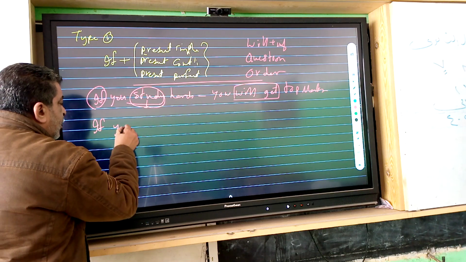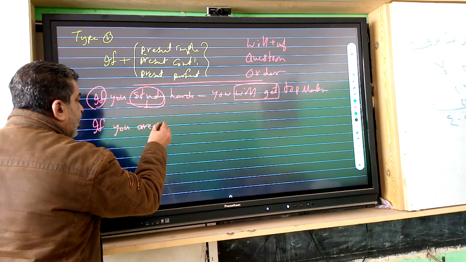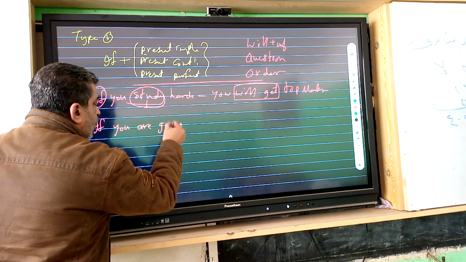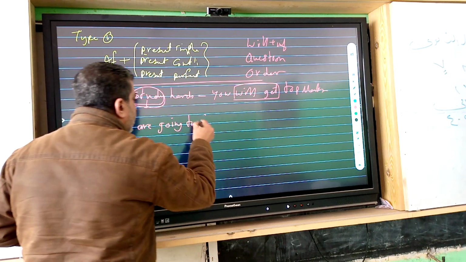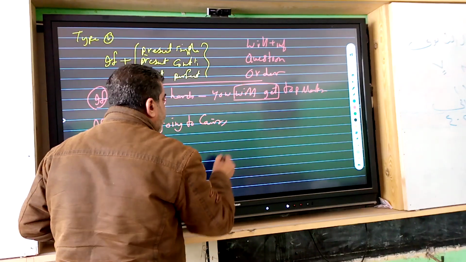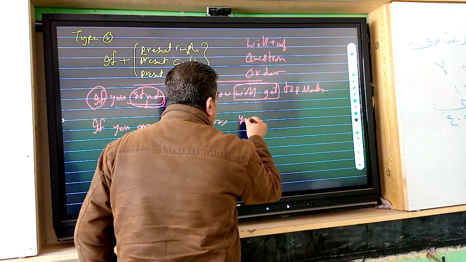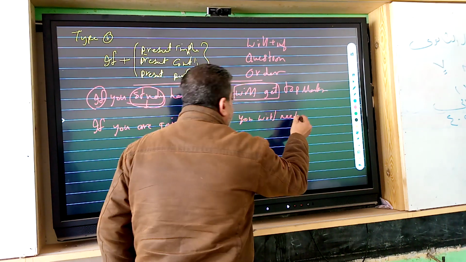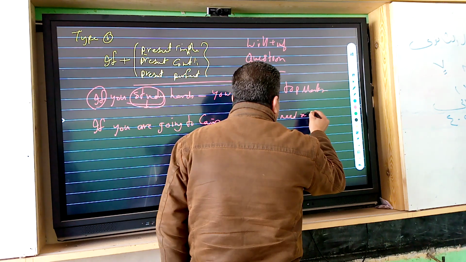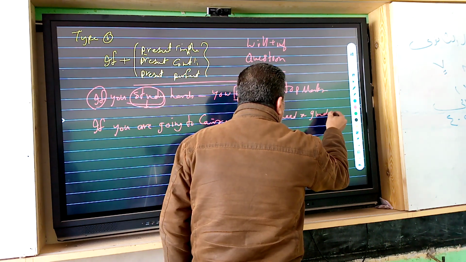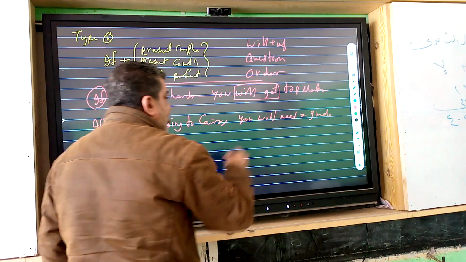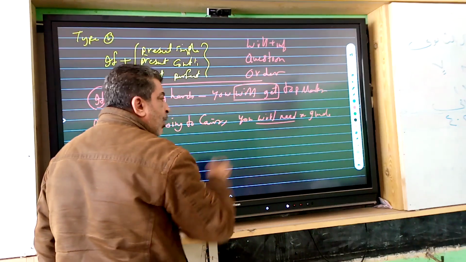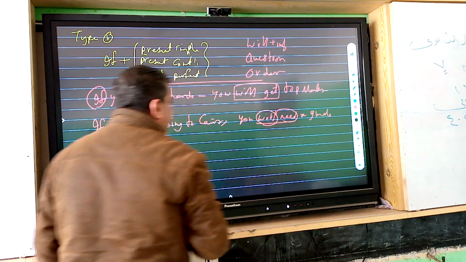Number two. If you are going to Cairo, you will need a guide. You will need, will plus infinitive.